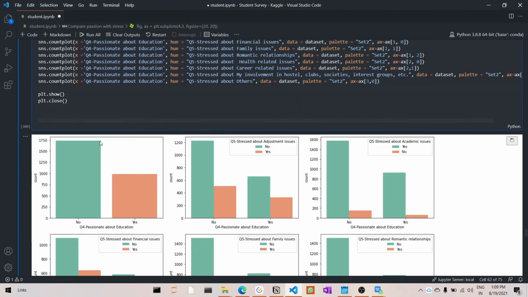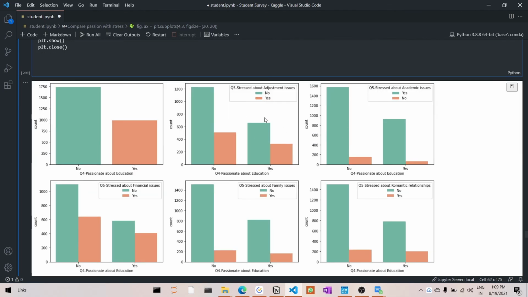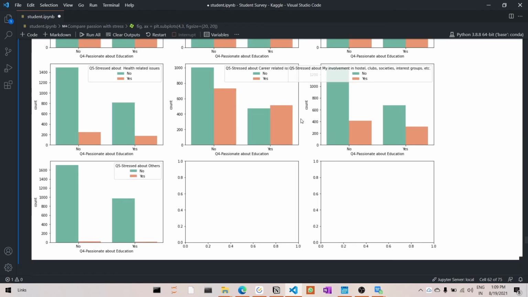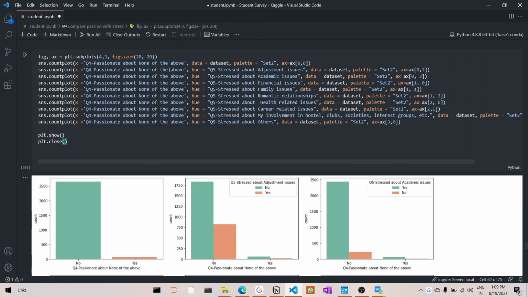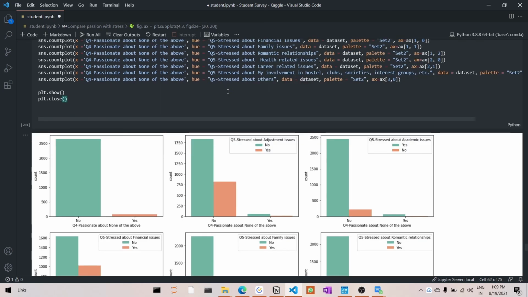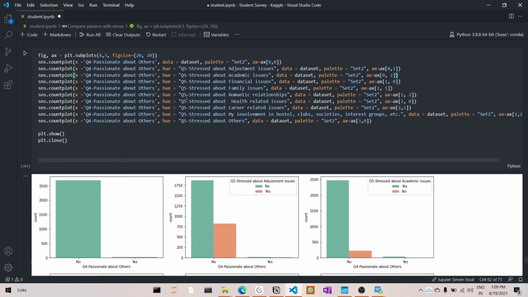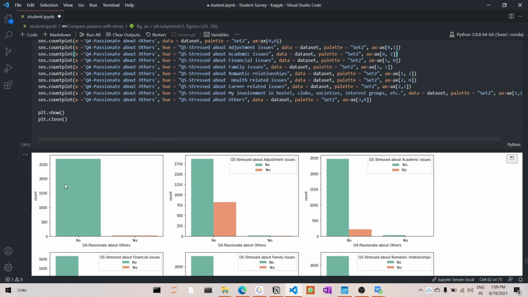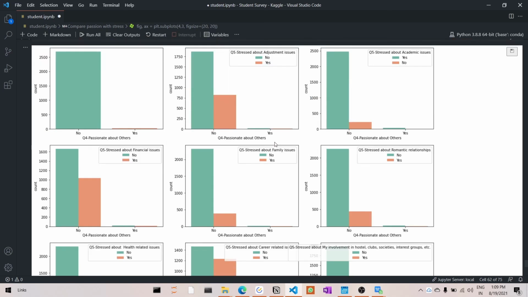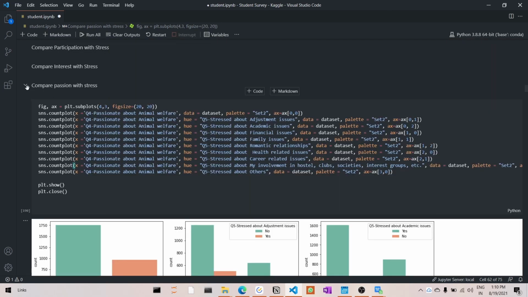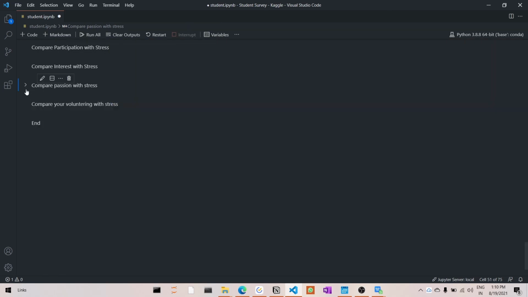You can see the count and the count of stress. Then you can see the passionate about none of the above and the stress. Then at the last we are going to see passionate about others and various stress. So you can see the passionate about others category has almost no. Then we are going to compare with the stress. So we just compared the passion with stress.